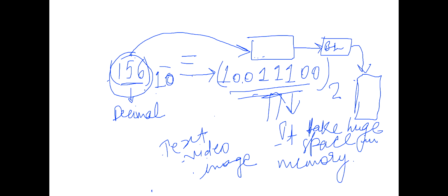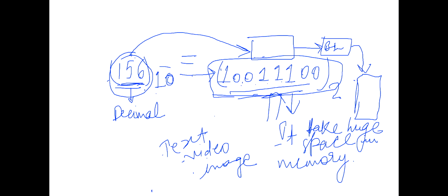If you have to represent the same number in binary form, this long you have to write: 1, 2, 3, 4, 5, 6, 7, 8. So in the binary form, the same number will take more space.